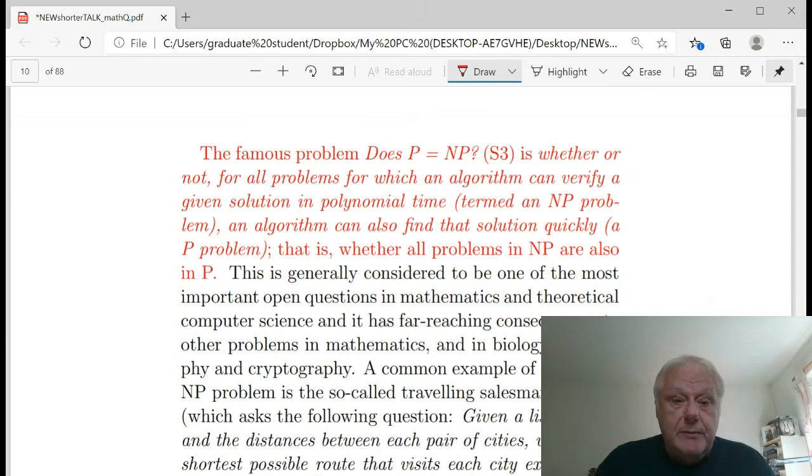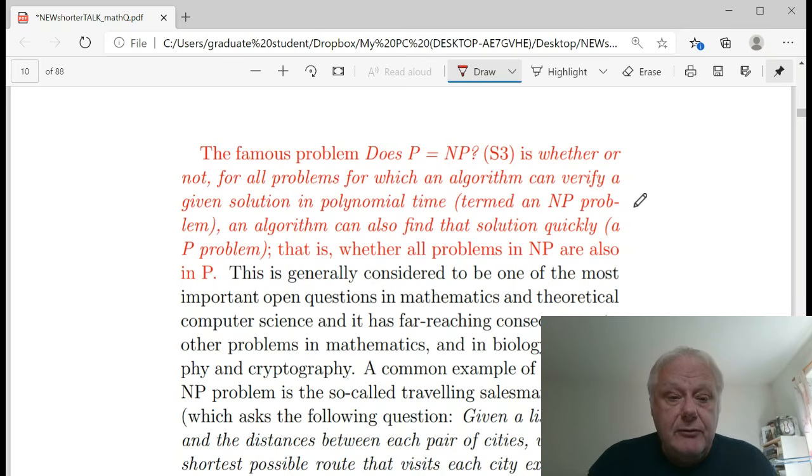Just a quick problem. The problem P versus NP: does P equal NP? This has to do with the fact that some problems can be solved by computer by using an algorithm, and the algorithm may be very slow, take a long time, and maybe because of its time frame, the problem becomes practically unsolvable.